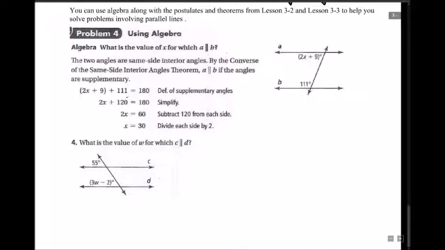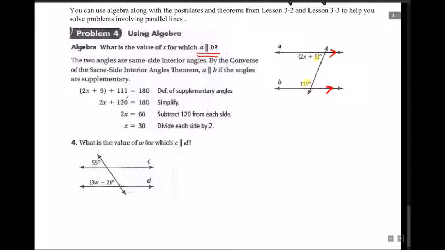So this harkens back to lesson 3.2. It says, what is the value of x if A is parallel to B? So we are going to say that these lines are parallel. So we have to look at our angles. What kind of angles do we have here?